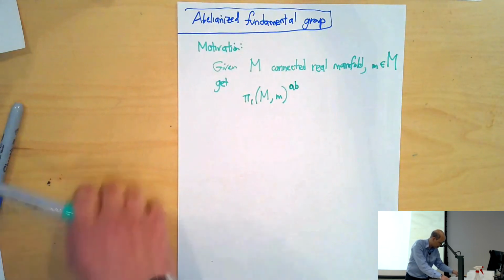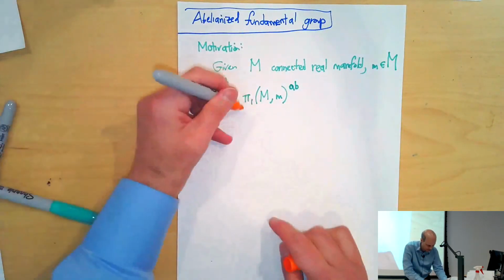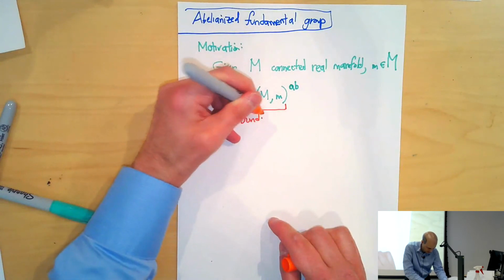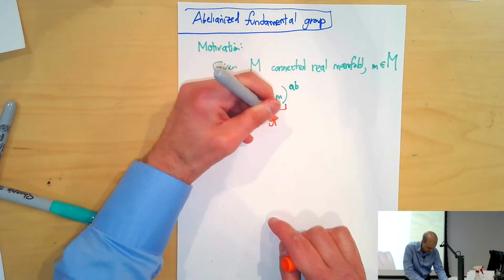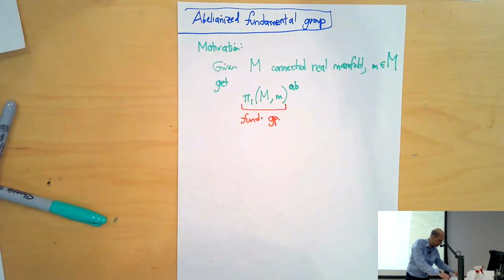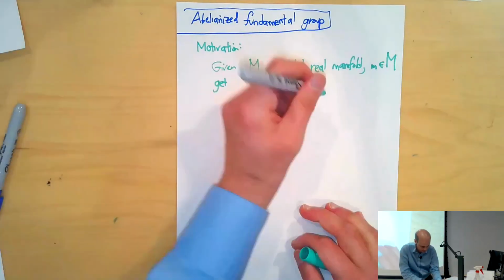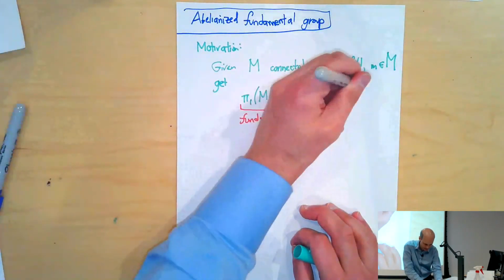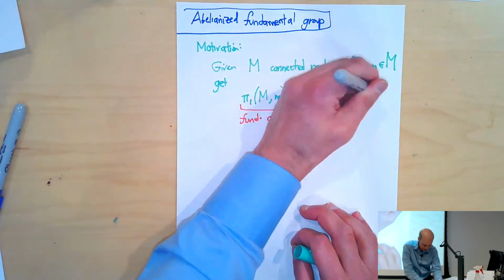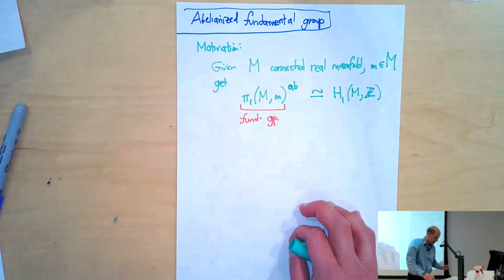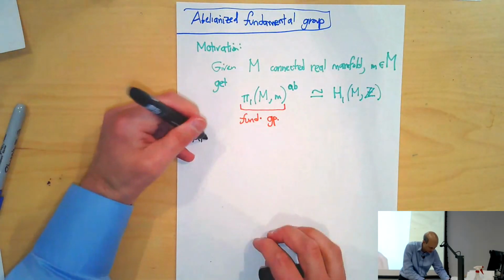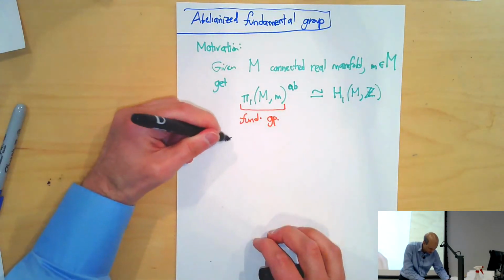So before you take the abelianization, that's the fundamental group. But after you abelianize it, you get something that's isomorphic to the homology of this topological space with Z coefficients. Okay, and now let's go back to algebraic varieties. What's the algebraic version of this?